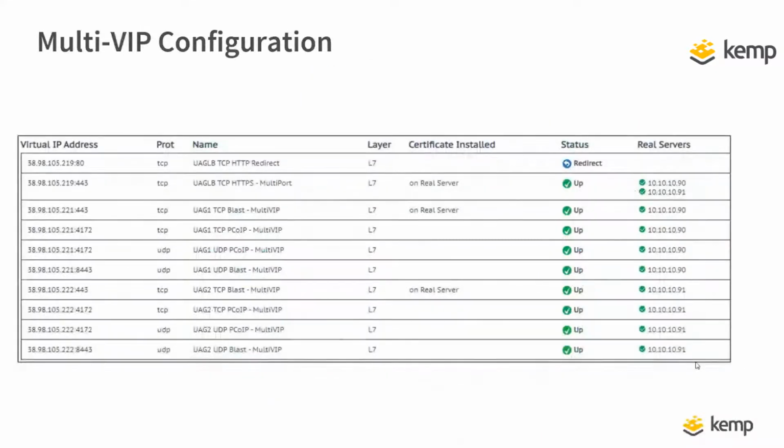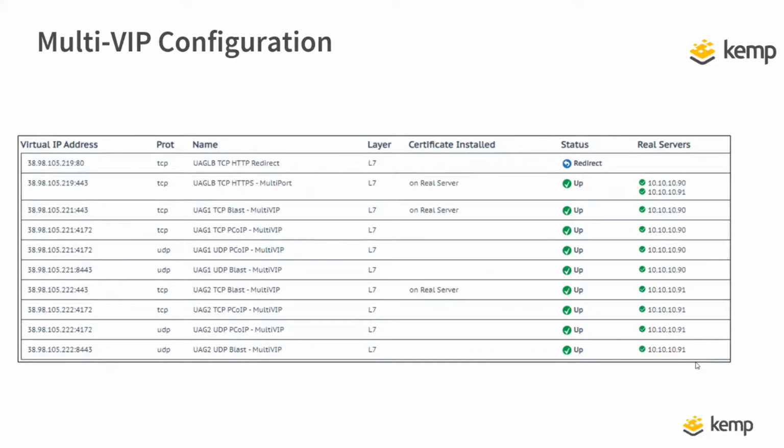Here's my configuration. Again, the first two lines are going to be the same. I'm going to the .219 on port 80 and 443 with that redirect for the authentication piece, going to my two servers, .90 and .91. And now you see I have standard ports again, port 443, 4172, 8443, but I have two sets of IP addresses, .221, which maps directly to 10.10.10.90, and .222, which maps directly to 10.10.10.91 for the PCoIP and Blast.